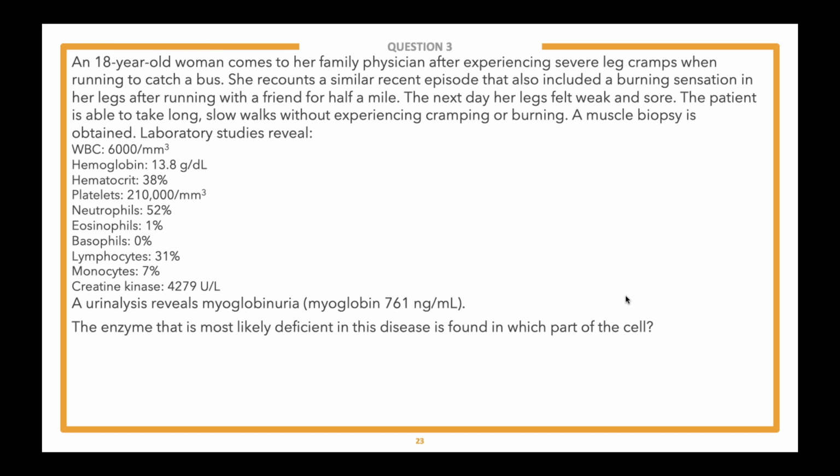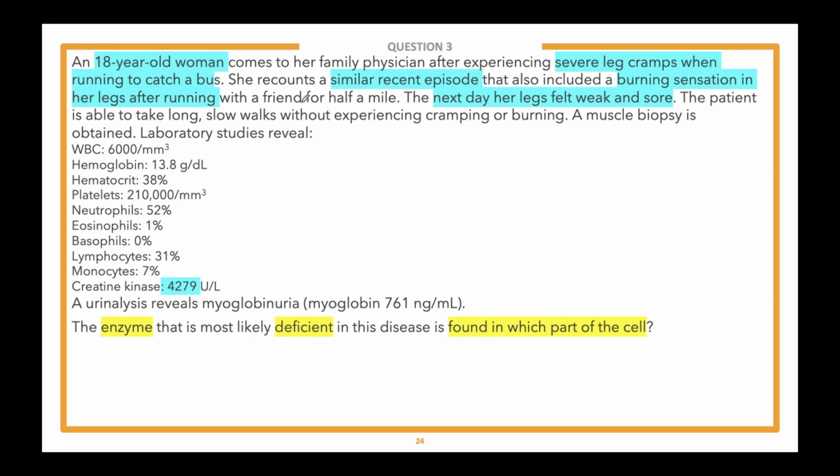Once again, we'll let you start thinking about the important clues in the vignette as I hand it off to Boris. Thank you, Sean. So we'll go ahead and show you that. I do want to apologize. One of the things here did not get highlighted, and we'll talk about that in a second. But 18-year-old woman, so demographics, as mentioned, important. What are her signs and symptoms? She's getting severe leg cramps when she's running to catch a bus. That's interesting.